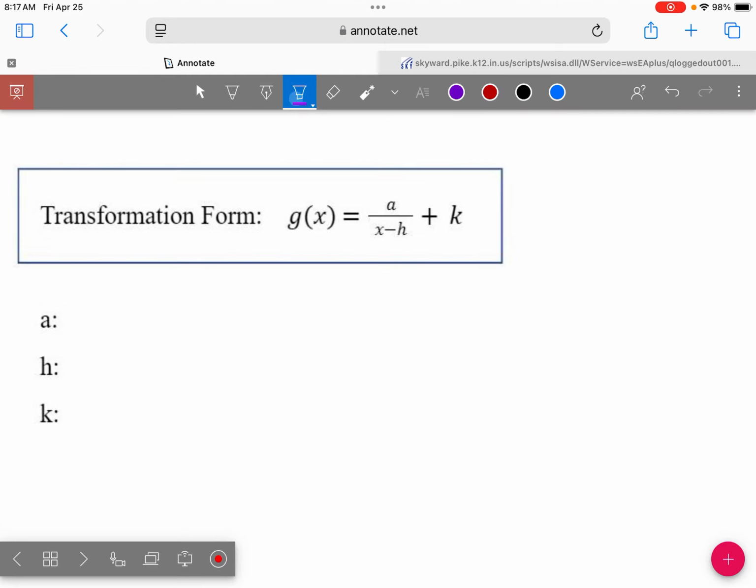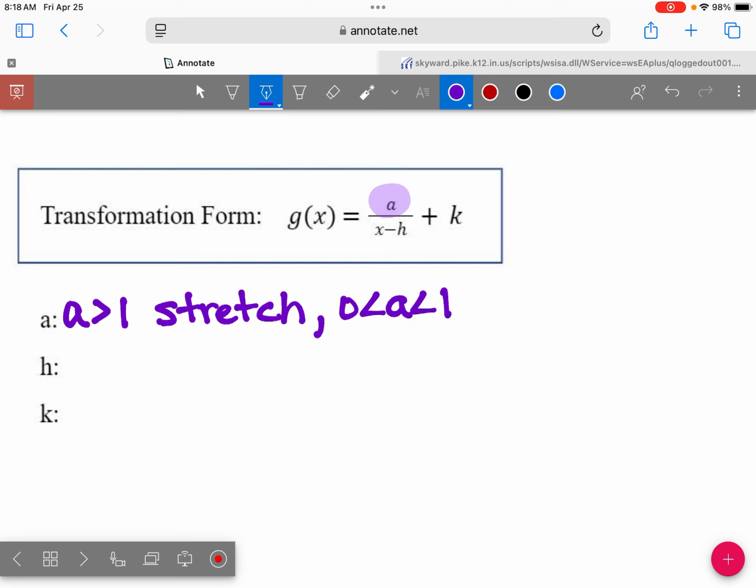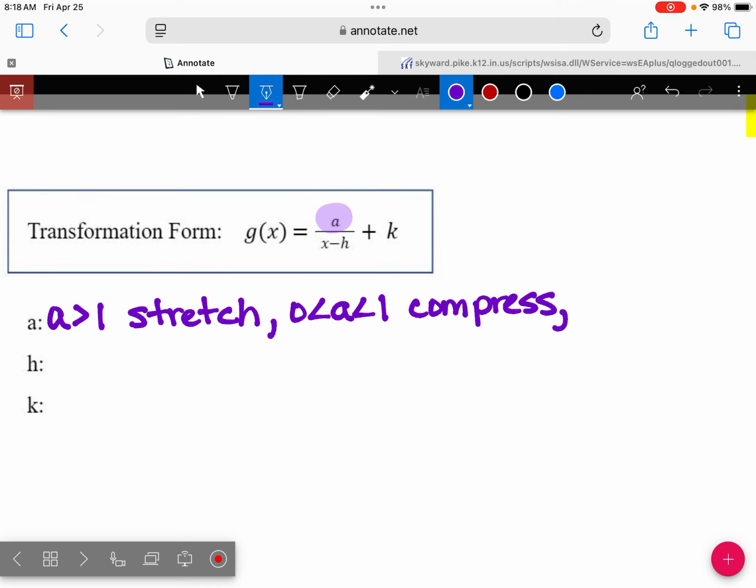So A is always in the numerator. So A is in the top. And if A is greater than 1, so if A is a big number, it's going to make it stretch. If A is a small number, between 0 and 1, it's going to make it compress. And lastly, if it's negative, it makes it reflect.